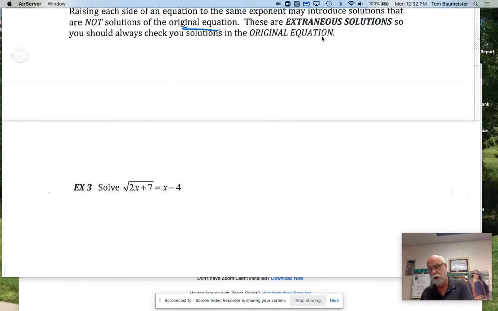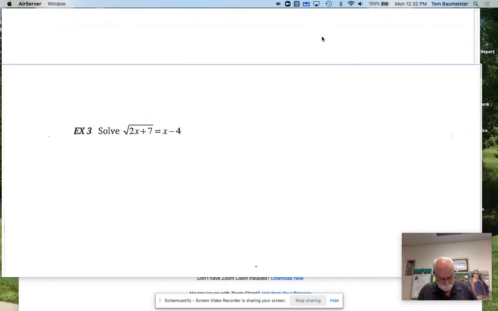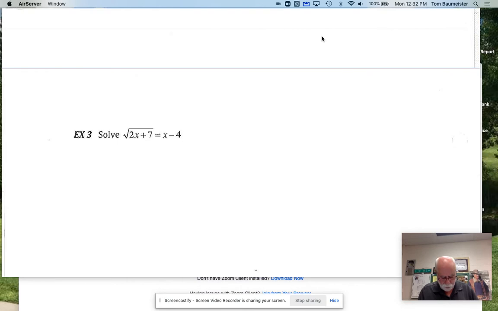All right, so example 3, solve the square root of 2x plus 7 is equal to x plus 4. So on this one here, the radical is by itself. So we'll square each side.